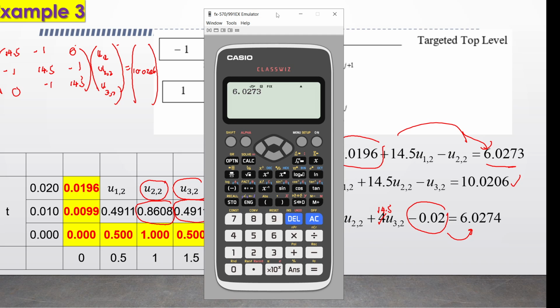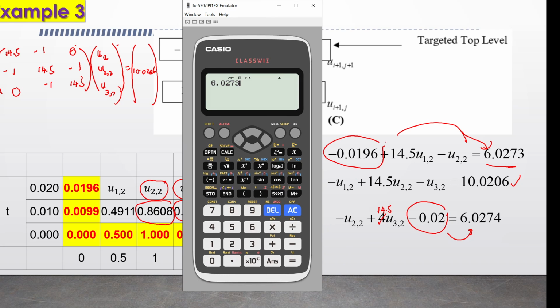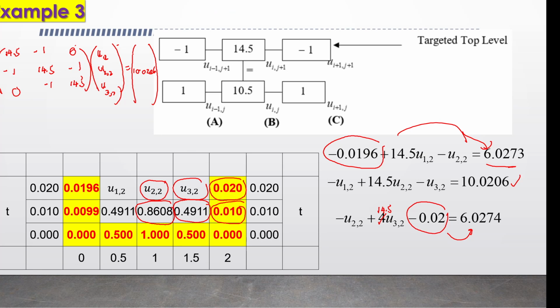You need to bring the minus to the other side, plus 0.0196, so you get 6.0469. For the last equation you add 0.02, so the total is 6.0276.